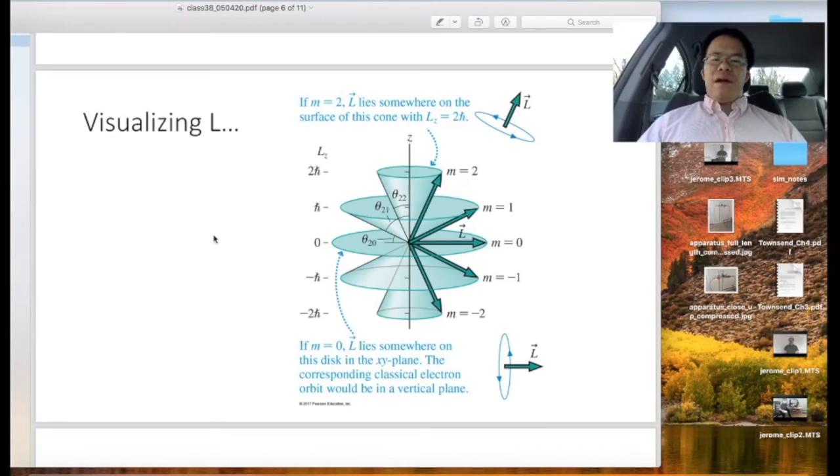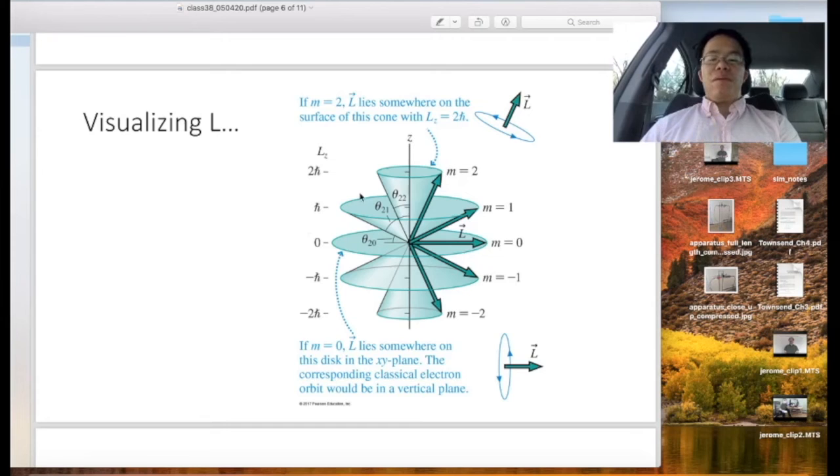So here's that diagram from Knight with the angular momentum vectors for our electron. It turns out that this diagram is one we have to take with a big grain of salt. There are uncertainty relations associated with the operators for all three components, Lx, Ly, and Lz.